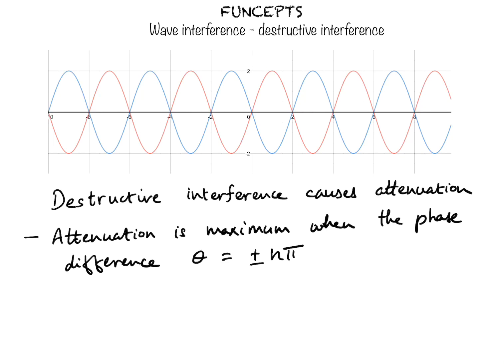So when theta is such a multiple of pi, the waveforms cancel out each other.